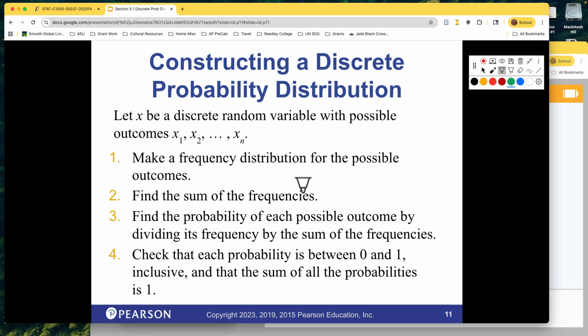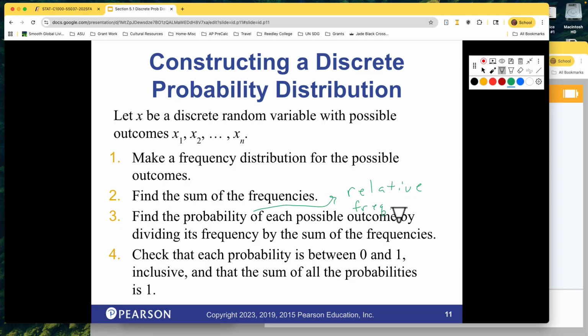Usually we'll start with a frequency distribution. We've got to have that somewhere. We've done that. Sum up all the frequencies, or read it off. It told us 150 was the total. And then we got the probabilities by doing a relative frequency. So you could call it a probability, or just go back and it's really just a relative frequency.